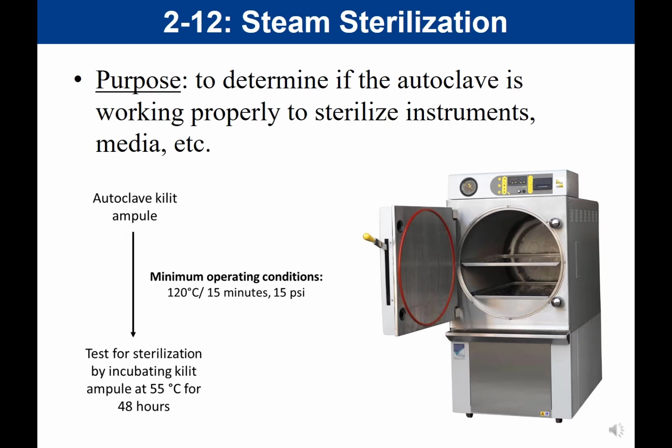Now, in terms of sterilize, what does sterilize mean? Well, sterilize is to kill all living organisms. So all types of organisms. So Mycobacterium, endospore producing bacteria, vegetative cells, etc. So when we talk about sterilization, we're removing all microbial contamination.